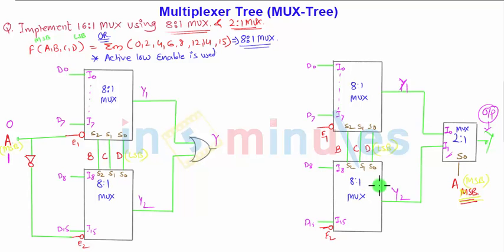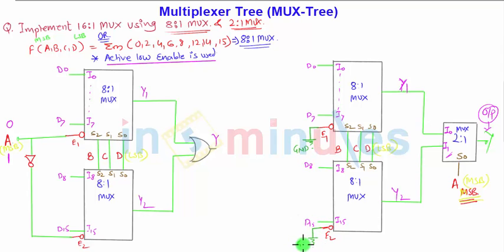Then what to do about the enable pins? That is the question. As you have mentioned here that you are going to use the active low enable, what I can do is take this E1 and ground it, take this E2 and ground it.